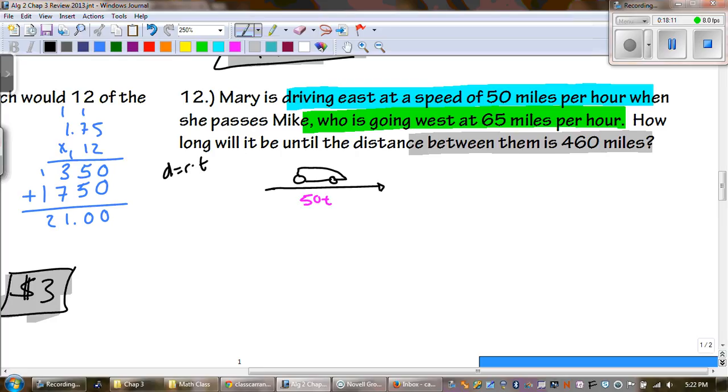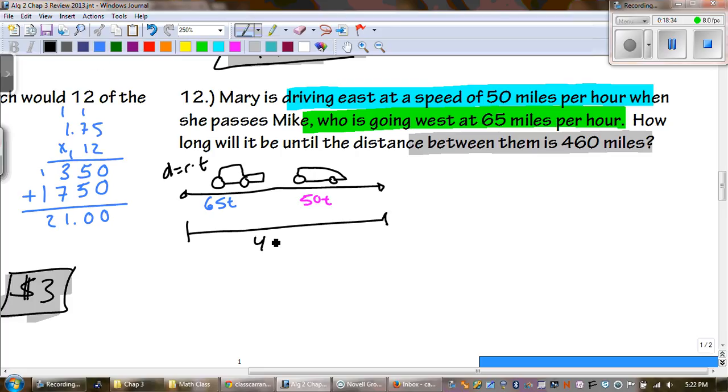Okay. Now Mike, he's on the other side. He gets to drive a pickup truck. Isn't that a beautiful pickup truck? Guys, this is why I'm not an artist. Okay. And he's driving a rate at 65t.